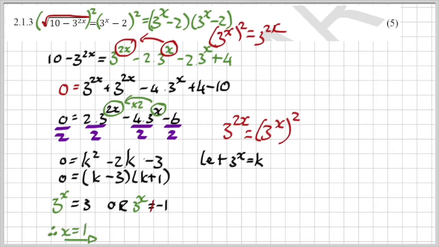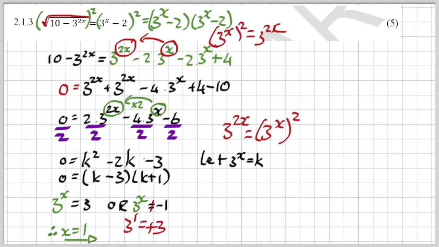But why did I put a red line through that equal on the right? Think about it. 3 to the power of anything, can it be negative 1? Well, the answer is no. Because 3 to the power of, for instance, 1 gives me positive 3.